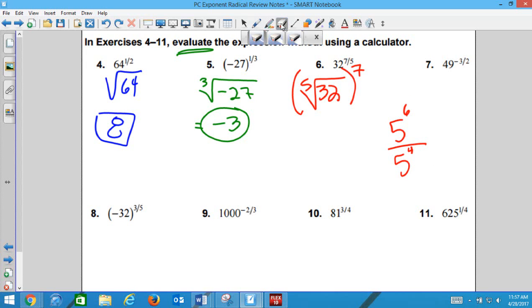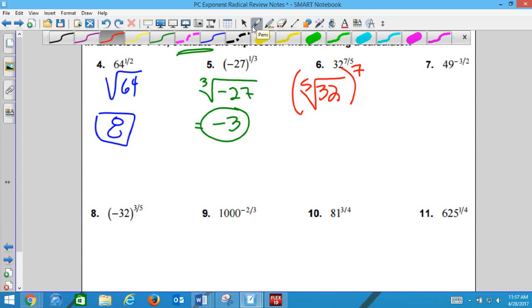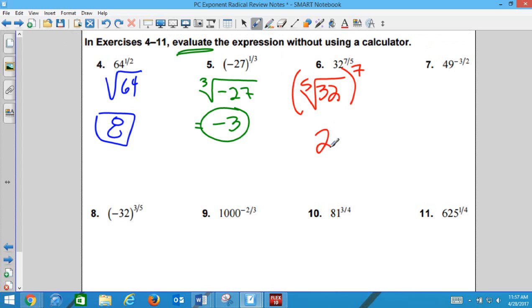That's what you're thinking of there. Okay. So this one we're going to do the 5th root of 32, which is 2, and then take that answer to the 7th. So I don't know if we wrote that. Yeah, we wrote that, didn't we? Yeah, that's 128. And if you didn't, well, then you multiply 2 times 2 times 2 times 2.